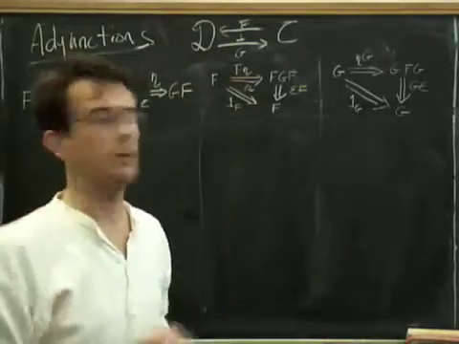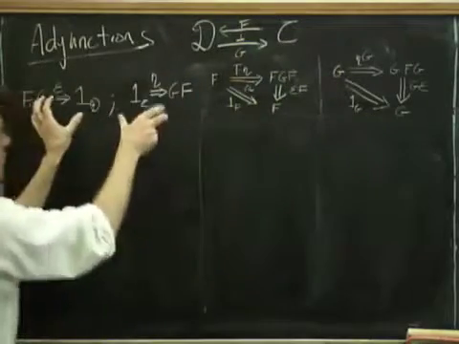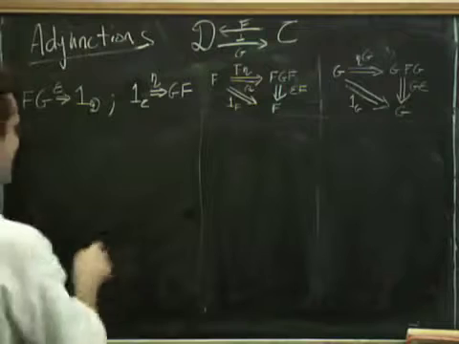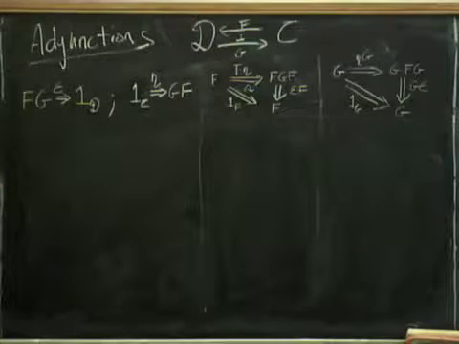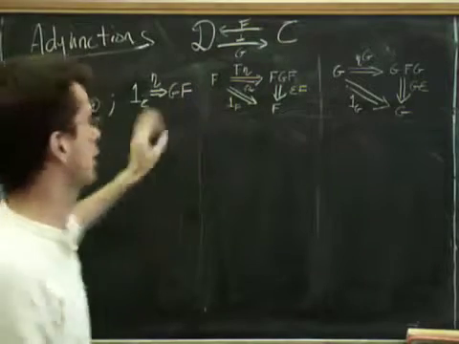So what I want to do is show you how these triangle identities and these two natural transformations translate into string diagrams. So the first thing I want to do is write these a bit more globularly.